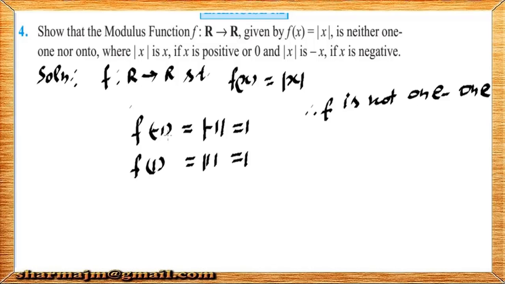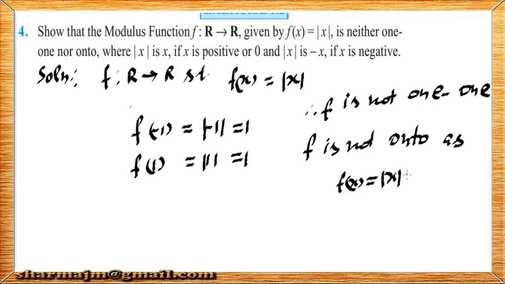It is many to 1 because minus 1 is having image 1 under f and 1 is also having its image 1 under f. Also this function f is not onto, as f of x, that is x mod, is always non-negative. So range of this function will be non-negative. So therefore if you take any negative number on right hand side, its pre-image will not exist in domain.